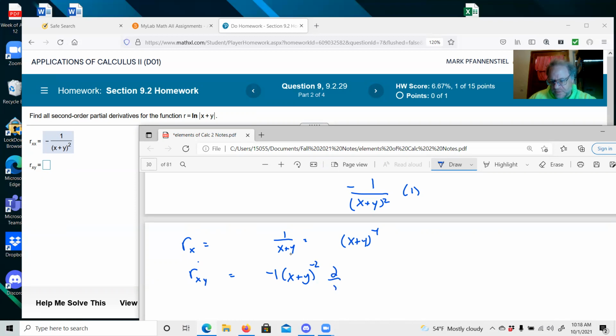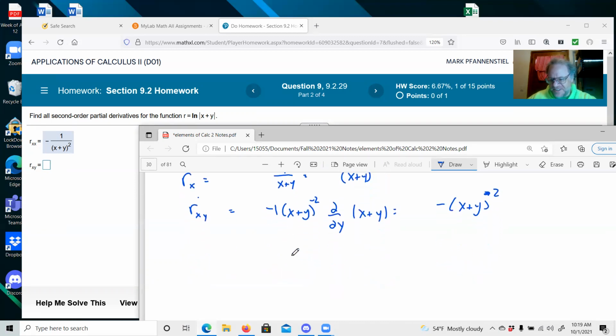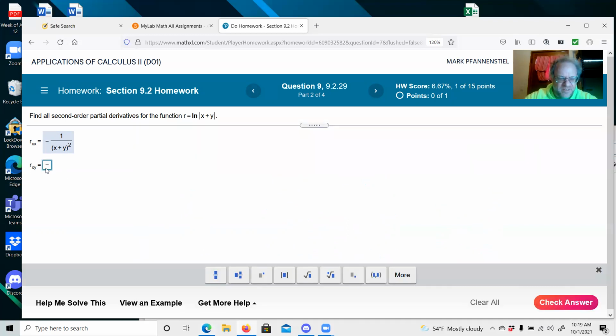And then we need the derivative with respect to y of x plus y. Fortunately, in this case, that's still 1. So this is a nicely boring derivative, isn't it? This is going to be negative 1 over x plus y squared.